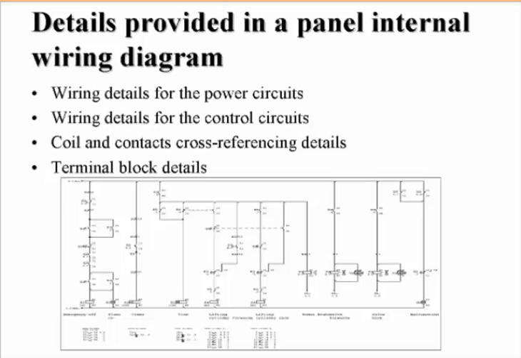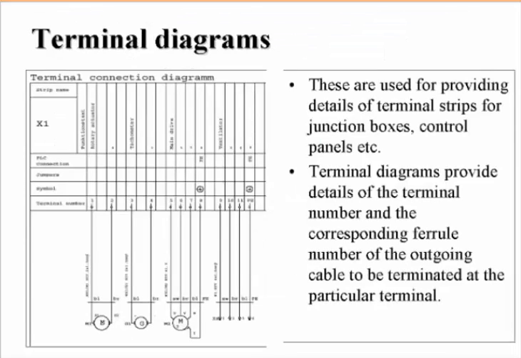Then we also have a panel internal wiring diagram here. So it gives us the wiring details for the power circuits, the wiring details for the control circuits, the coil and contact cross-referencing details, and even the terminal block details is all included in this panel internal wiring diagram.